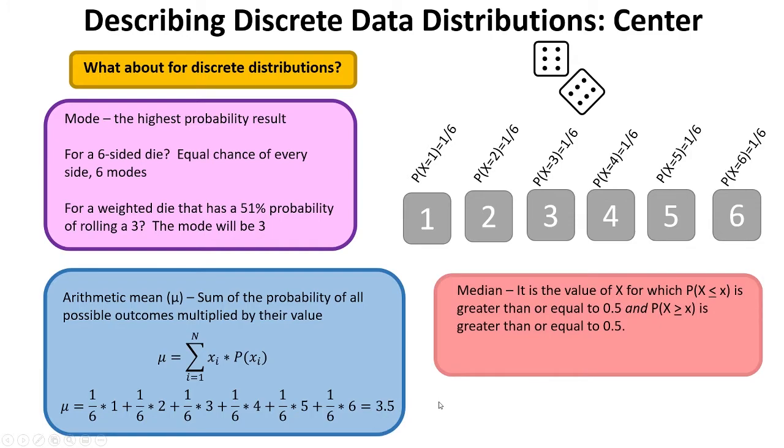The median of the 6-sided die is the value for which the probability of occurring less than that particular number is greater than or equal to 0.5, and the probability of that number being greater than the number you select is also greater than or equal to 0.5.